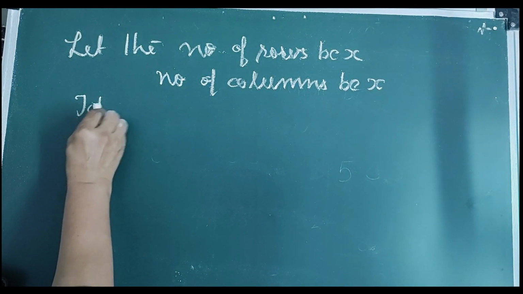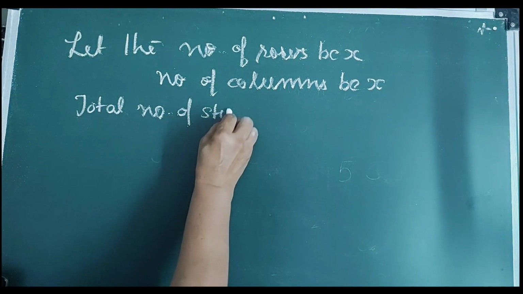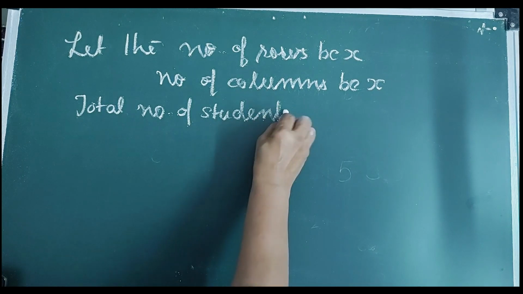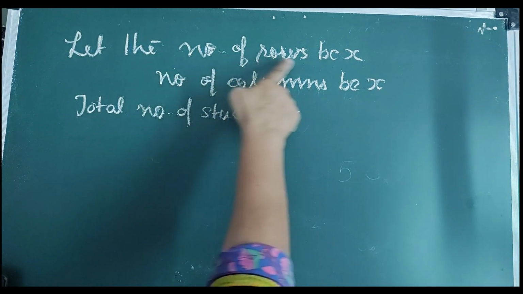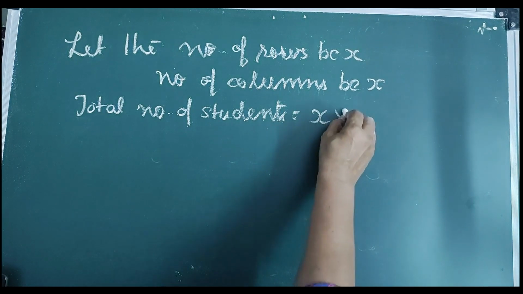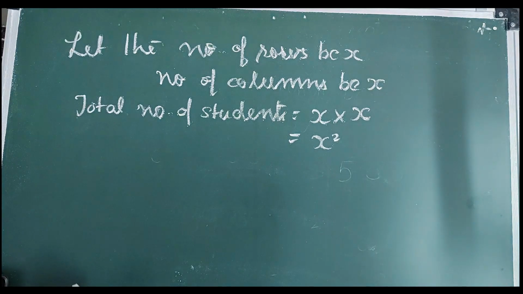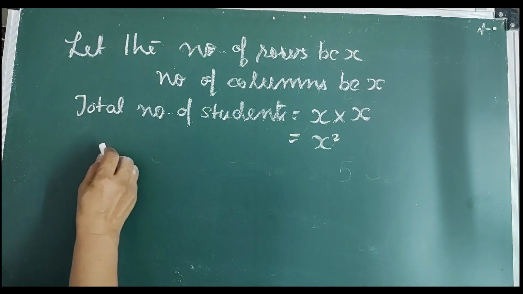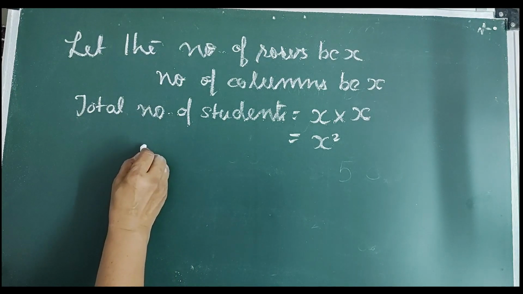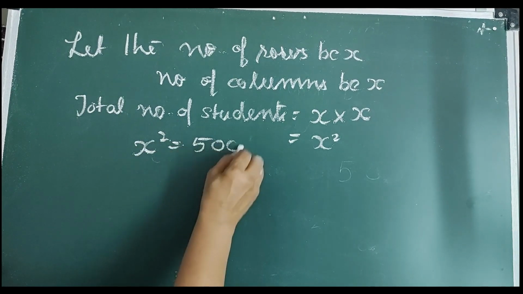So the total number of students equals the number of rows multiplied by the number of columns, that is x multiplied by x, that's equal to x square. But in the question the number of students is given as 500. So x square equals 500.